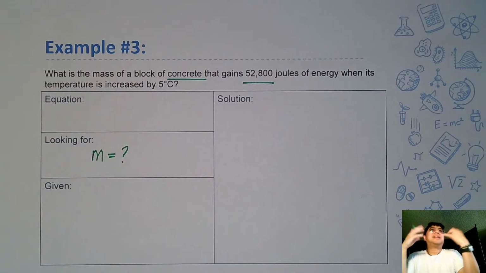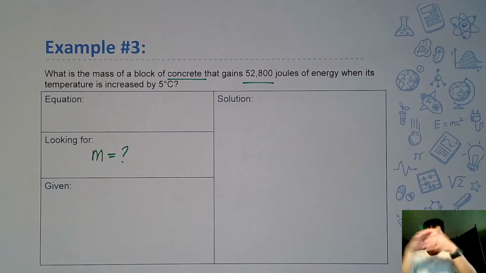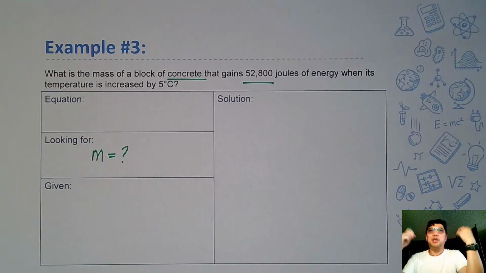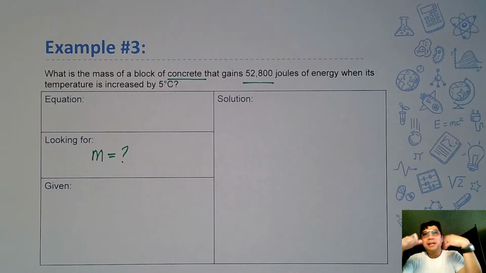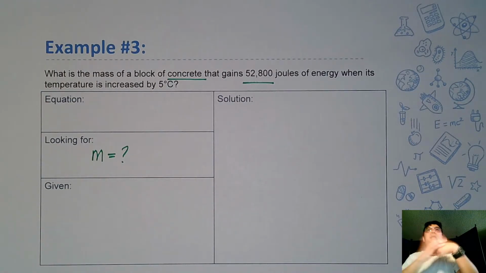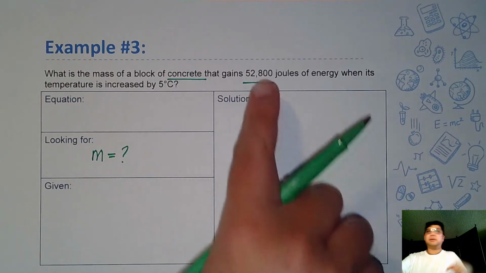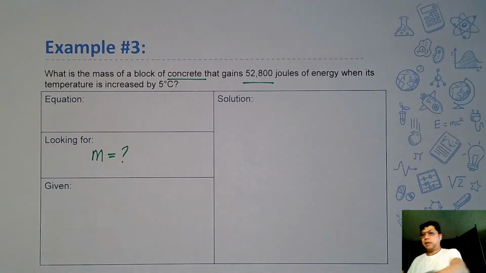Gains means you are adding, so there is an increase of 52,800 joules of energy. We are gaining energy, gaining heat, internal energy in the form of heat, when its temperature is increased by 5 degrees. So: 5 degrees, energy of 52,800.